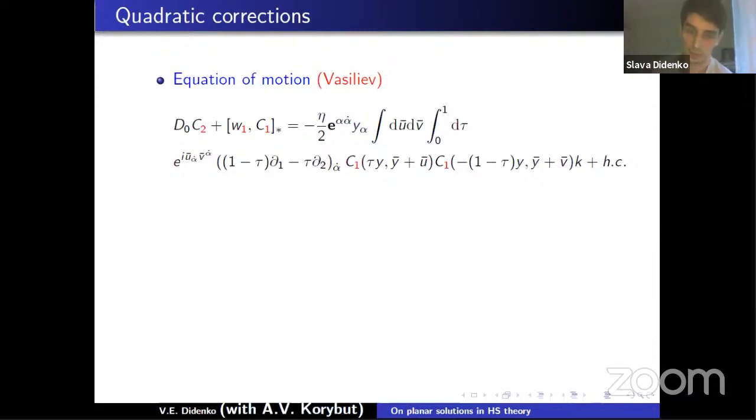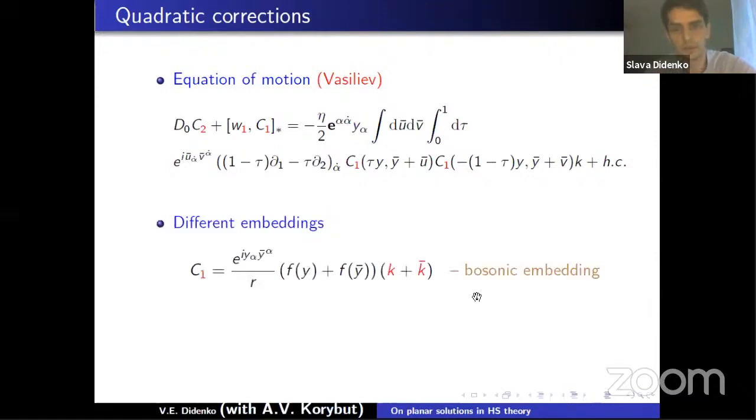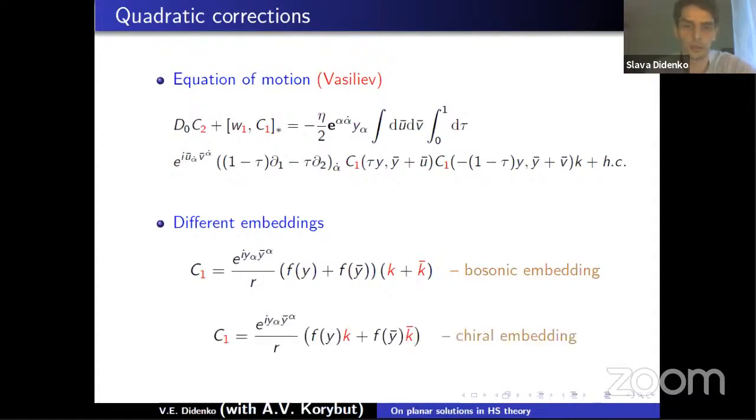That's why it contains two copies of each spin, and that's why there might be different kinds of embeddings of free solutions. So we consider two pictures. One is the bosonic embedding. They labeled those two different copies with this extra operator, which is called k. This is a technical detail. But then there is another natural embedding, which we called chiral embedding, for lack of a better name, where in one sector go fields with mostly positive chiralities, and in the other mostly negative.